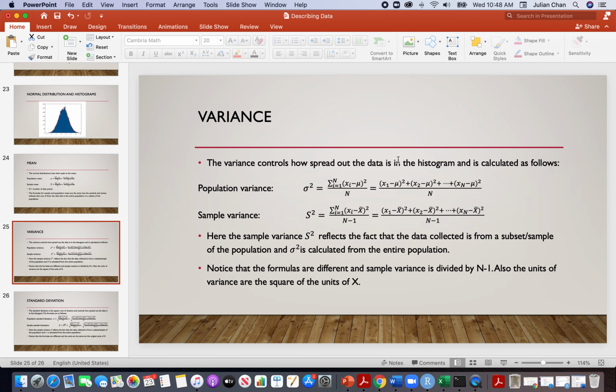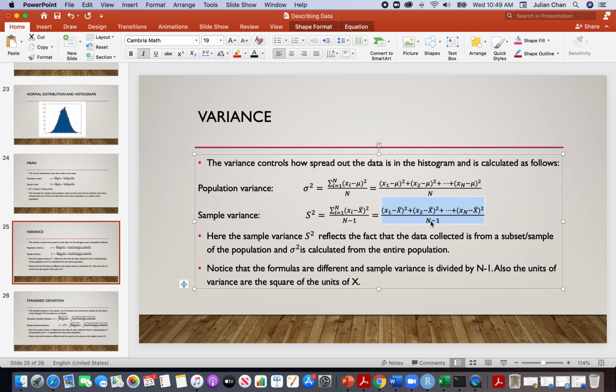Okay, so variance, that sigma squared, is going to say, take your observation, subtract your mean, and square it. Okay, and this is what it would look like. This is variance. And if you have a sample variance, that is, your data is a subset of the population, you do not divide by n, but you divide by n minus 1, and that's very important to remember.